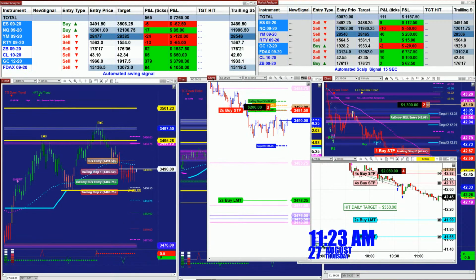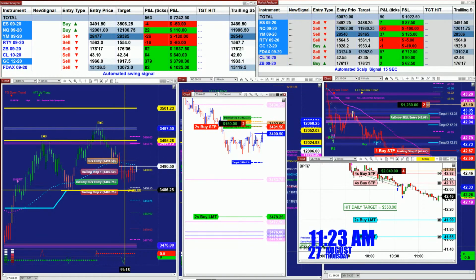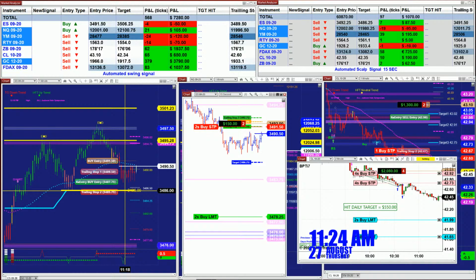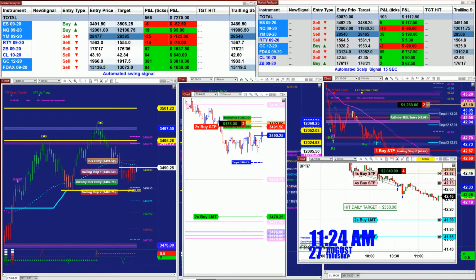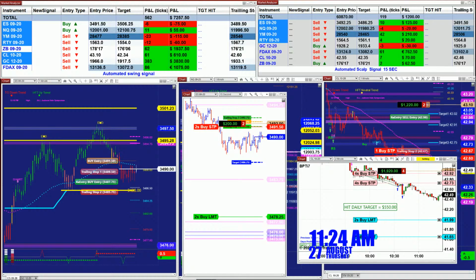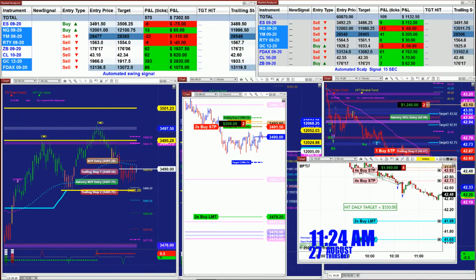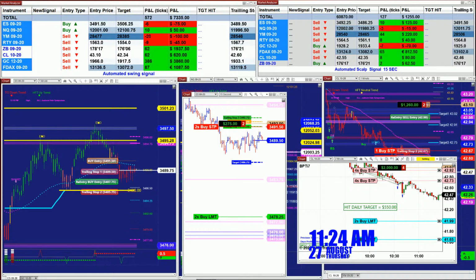This is scalping, but when we're talking about swing trading, it has to be below the 34.86 before you start taking a short trade. We will wait a few more minutes to see if we can grab anything.